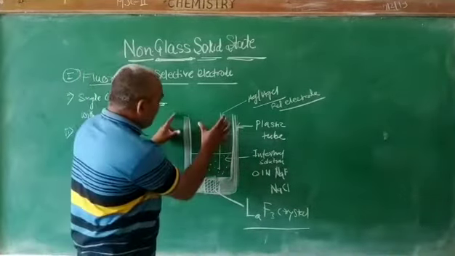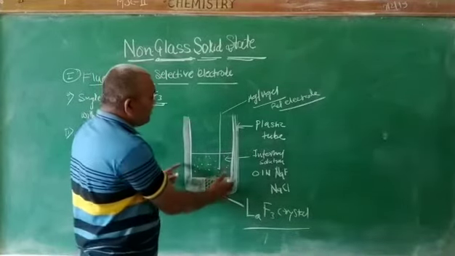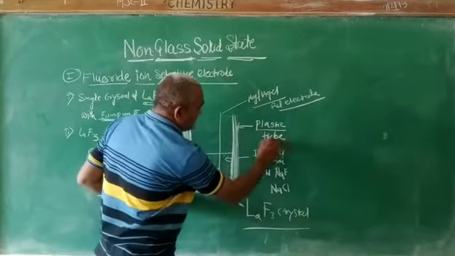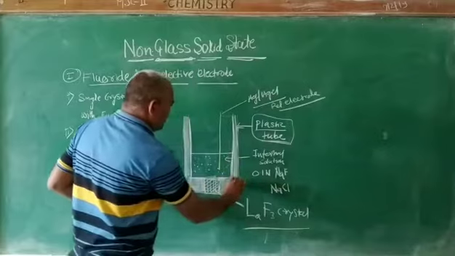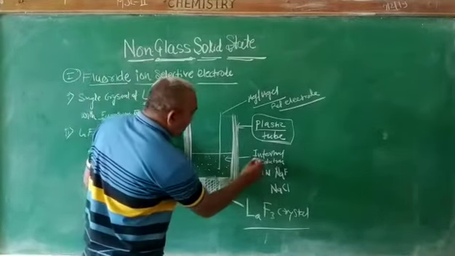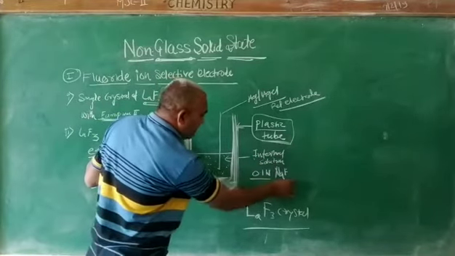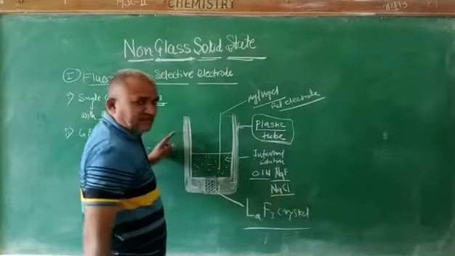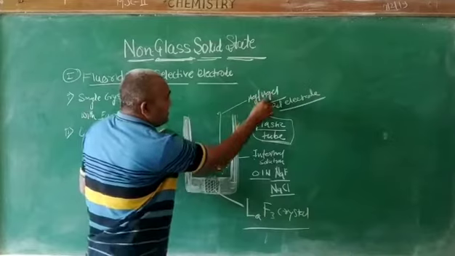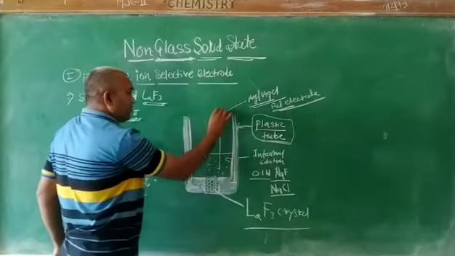In this simple solid state electrode, we take a plastic tube. In the plastic tube, we put an internal solution of 0.1 normal NaF and 0.1 normal NaCl, and AgCl is kept as the reference electrode.